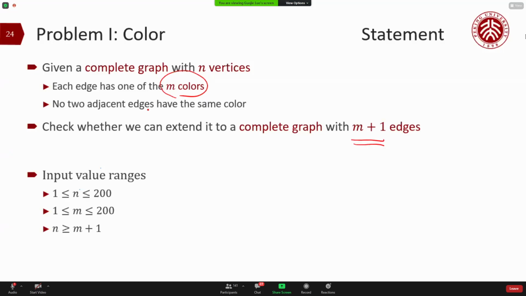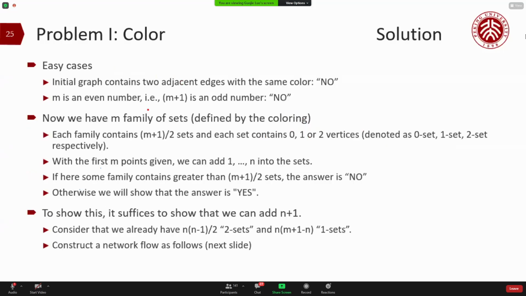So this is a problem for coloring. The programming is not that difficult, but if you need to derive all the properties, it may take some time, and you need to do some modeling to derive the properties. So we have some easy cases.